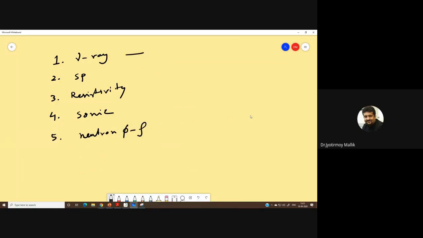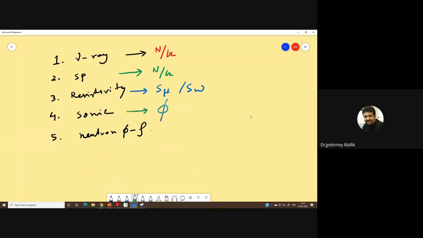Gamma ray would help me to calculate net to gross. Spontaneous potential will also help me to calculate net to gross. Resistivity will help me to calculate SH or SW. Sonic will help me to calculate porosity.